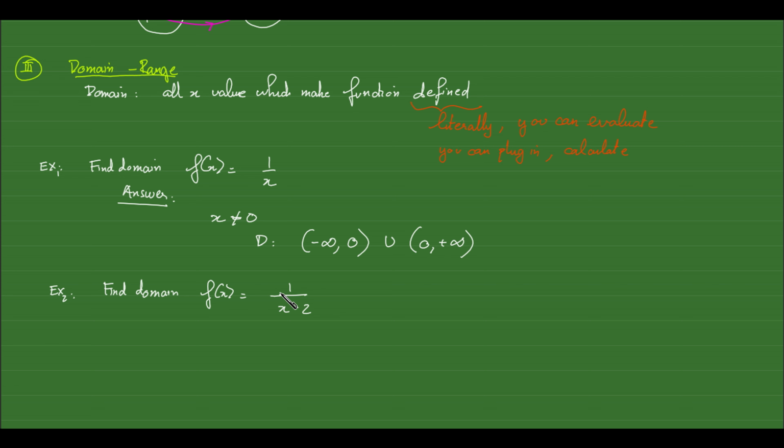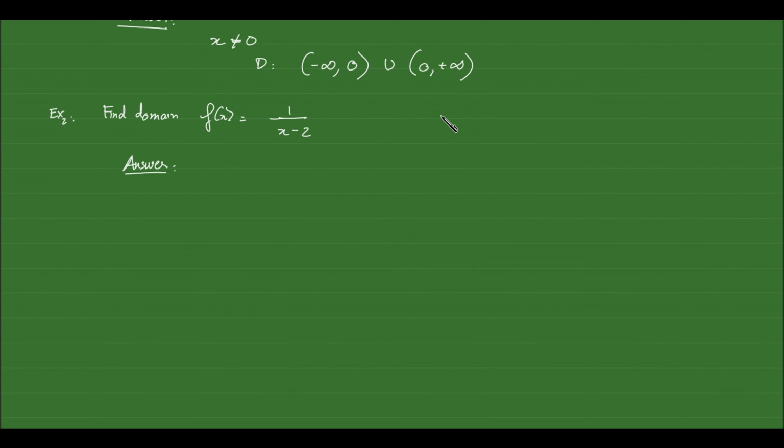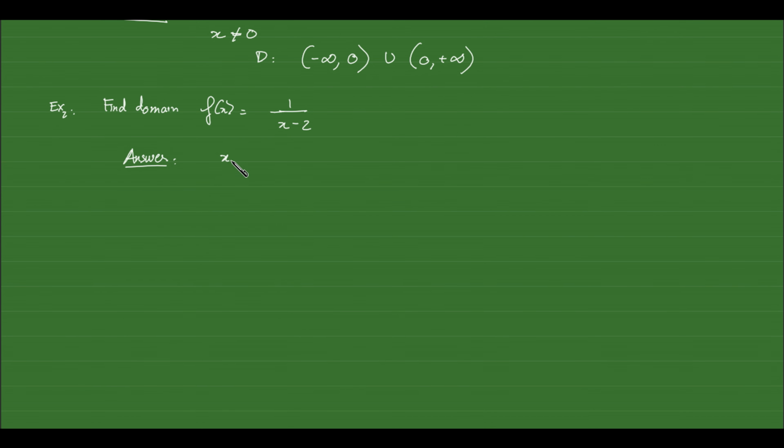If it's hard for you to find that value, you can set it up. Setting it up is the way to show work. You set up the denominator cannot be 0, so x is different from 2. So the domain will be negative infinity to 2, not included, union 2 to plus infinity. Just the whole number line with the number 2 removed.